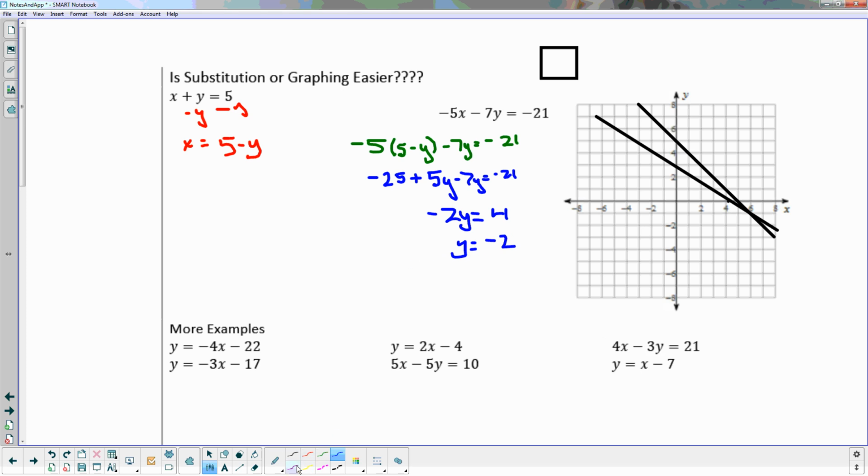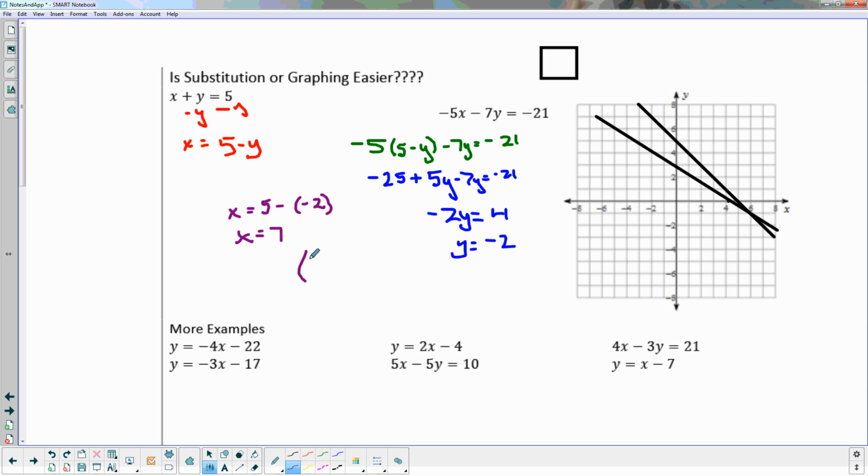And lastly, if I plug that in for y up here, I'll have x equals 5 minus, and I'm substituting in a negative 2. That doesn't look like a negative 2, I apologize. And 5 minus negative 2 is going to tell me that x equals 7.